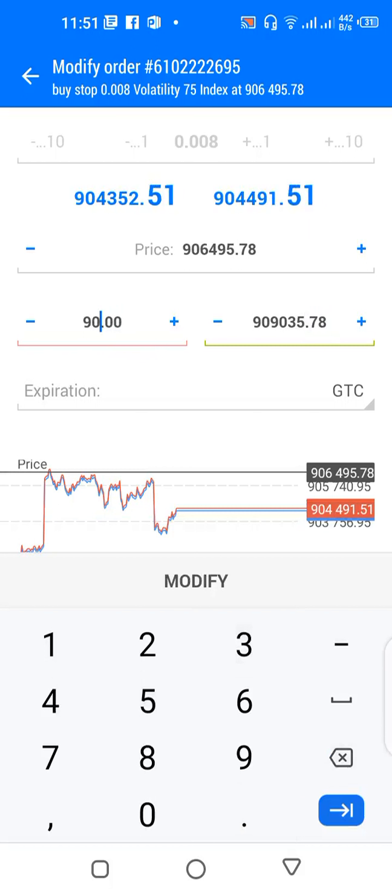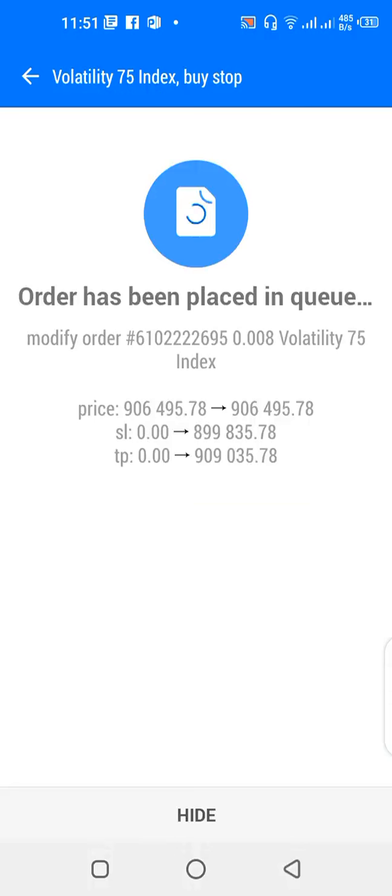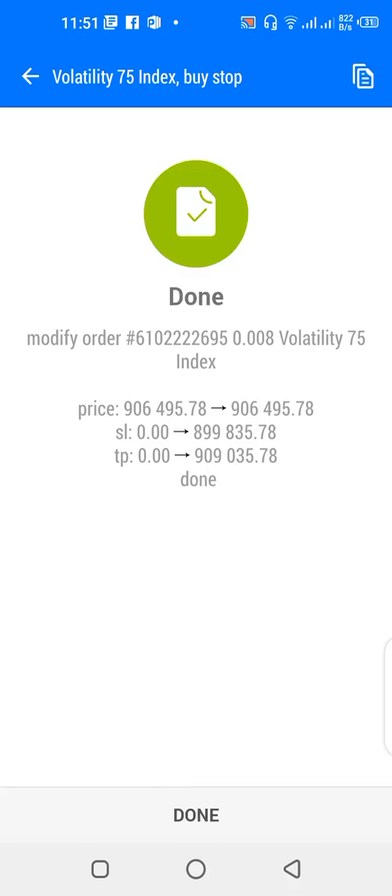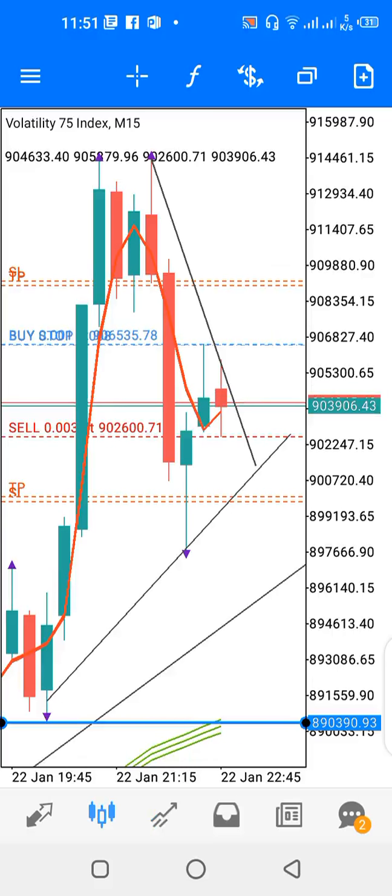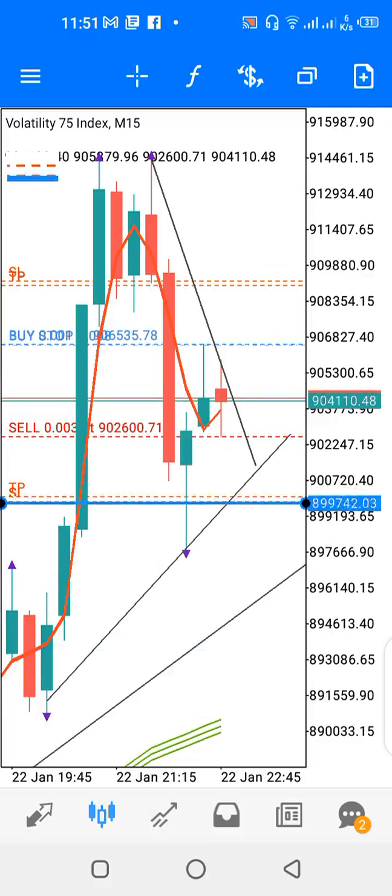Then I'll be setting the stop loss to 899,835.78, which is 200 points below the take profit of my sell trade.